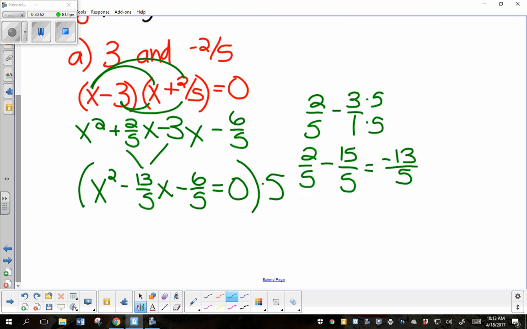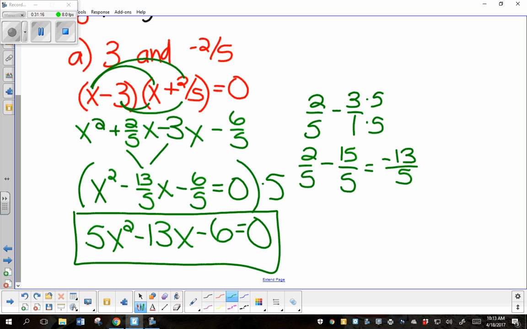So what is x squared times 5? 5x squared. What's negative 13 fifths x times 5? Negative 13x, because the 5 over 5 is just 1. And then what's this going to be? Minus 6. Good. Equals 0. That's it. That's not too bad. See, it's really not too bad of a problem.